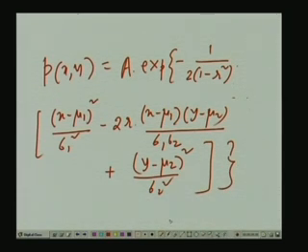Okay. So, this is a function of two variables x and y. So, in order to be qualified as a probability density function, this should be non-negative everywhere and its total integral over the entire xy plane should be equal to 1.